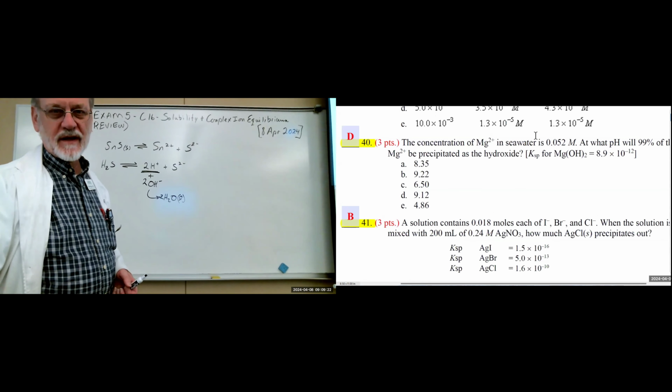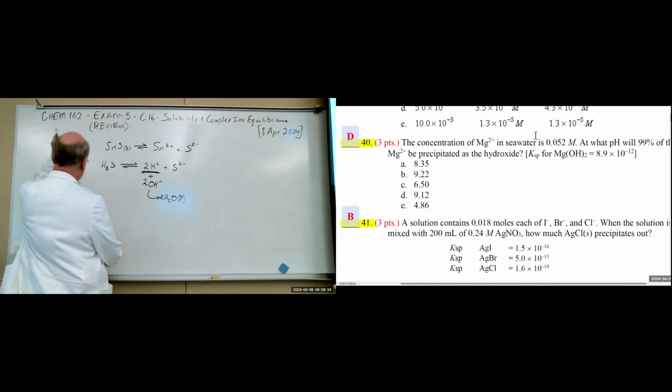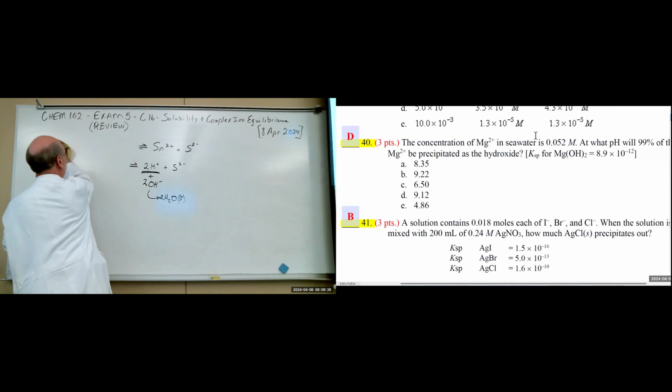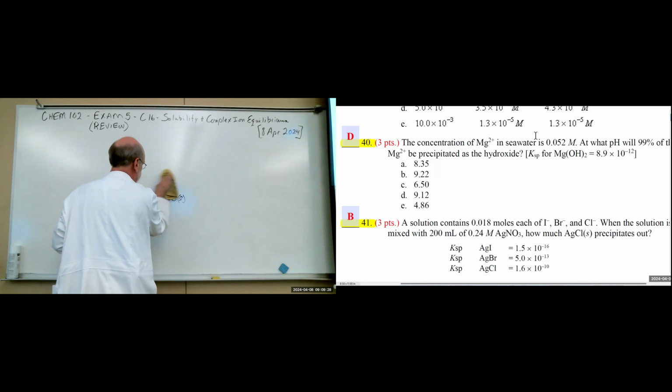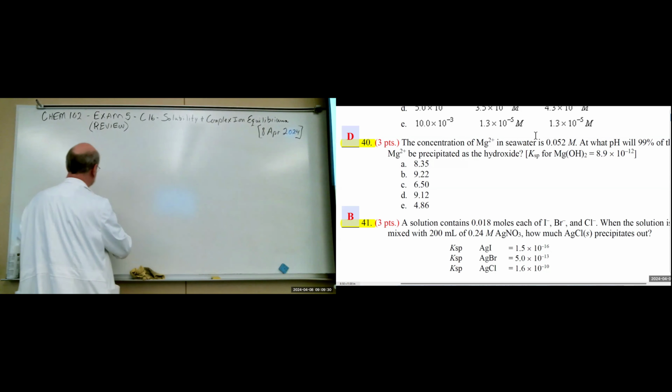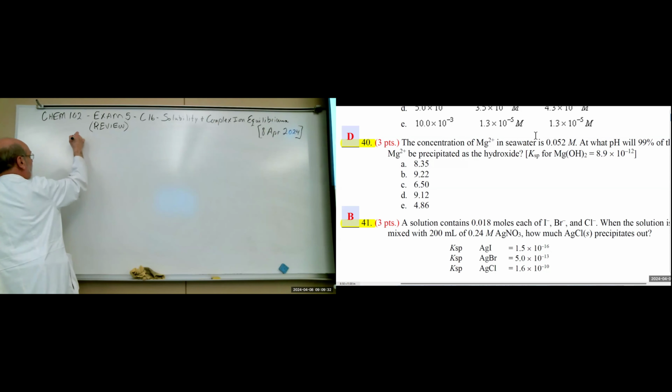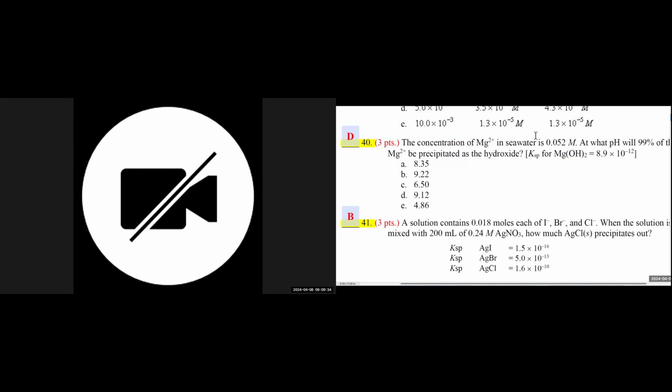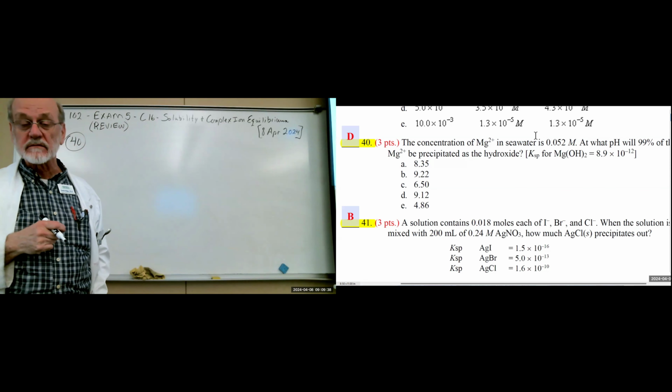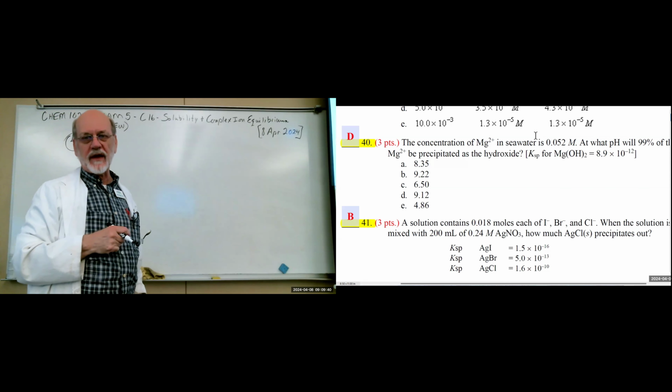All right. Let's take a look at 40. Number 40, the concentration of magnesium in seawater is 0.052 molar. Okay, I'll accept that.